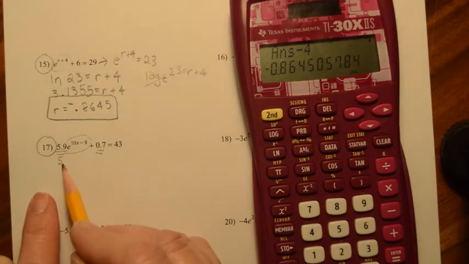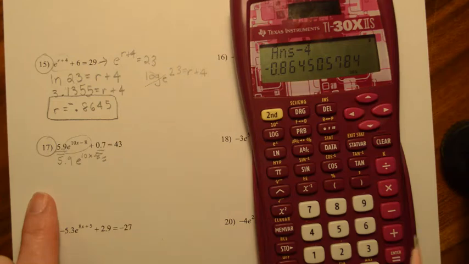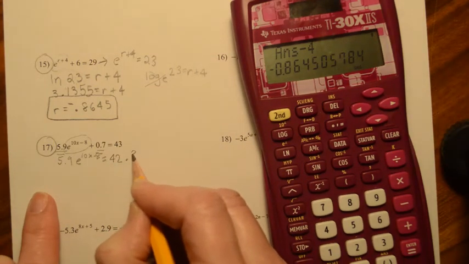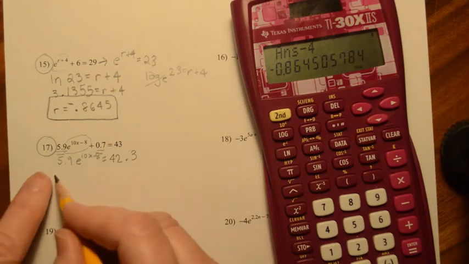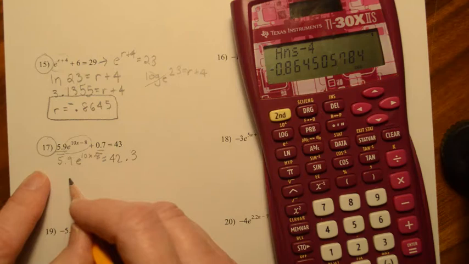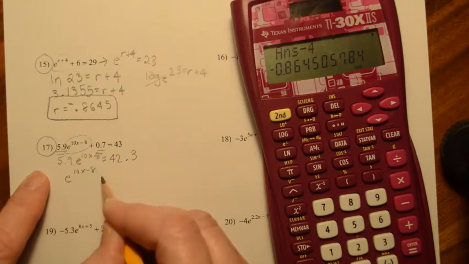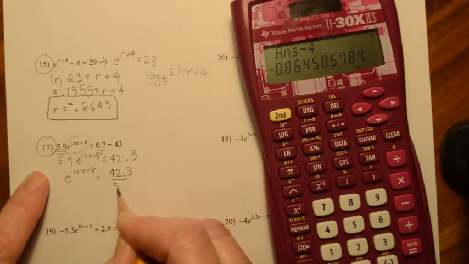So this is going to be 5.9 times e to the 10x minus 8 equals, and when we do 43 minus 0.7, we get 42.3. We're going to divide both sides by 5.9, so we get e to the 10x minus 8 equals 42.3 over 5.9.